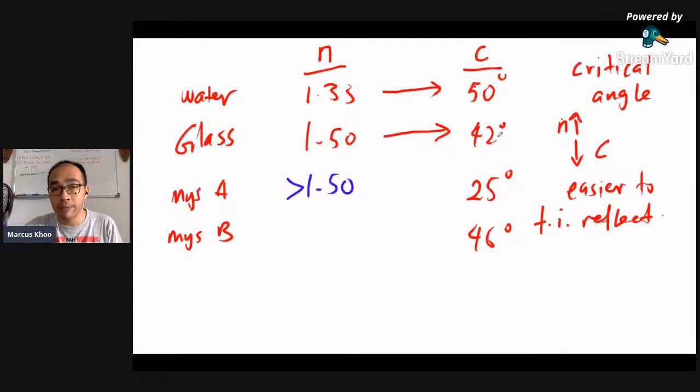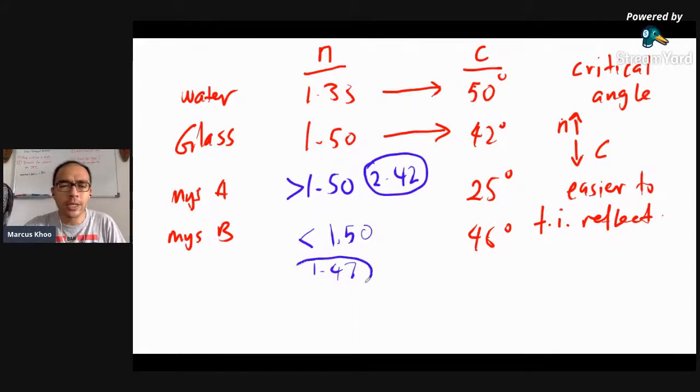The critical angle is bigger than C. So that means the refractive index for mystery B is definitely less than 1.50, but only a little bit less. I think the answer is like 1.4 something, 1.47 maybe. This is 2.4 something, I think. Okay, 2.6 or 2.4, I can't remember. Somewhere around there. But the idea is this: if we know the critical angle, we can guess whether the refractive index is bigger or smaller.